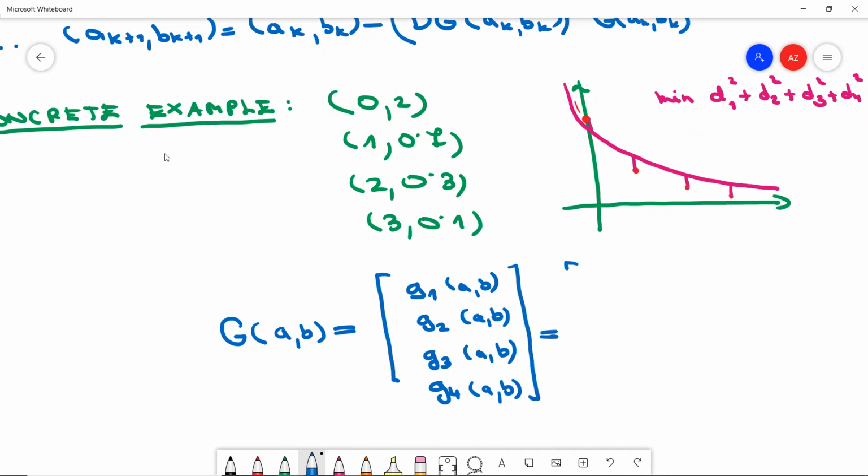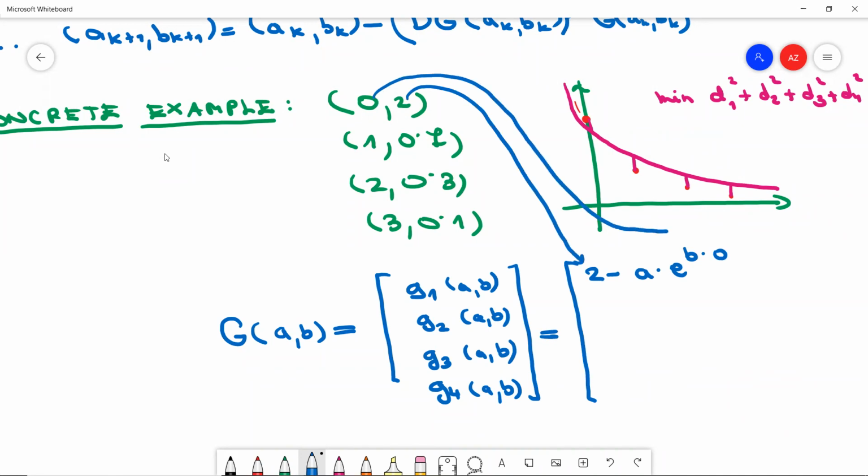So I have 2 minus a times e to the power of b times x, and my x is 0. So I've plugged in 2 for y, and 0 for x. And the same for the other 3 points. So we have 0.7 minus a times e to the power of b times 1.